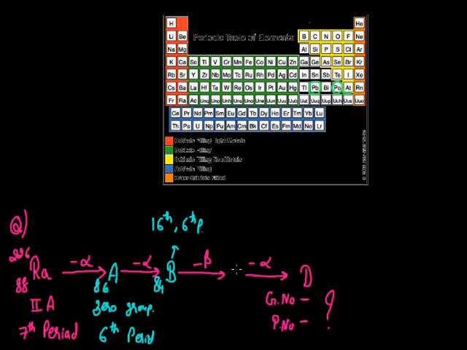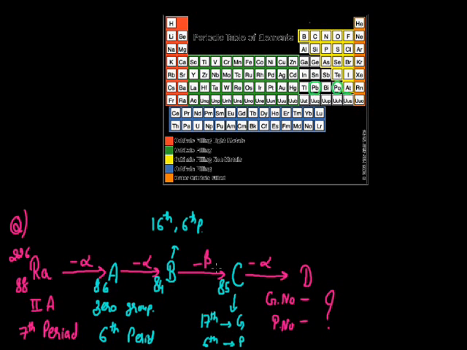Whenever this moves for the emission of one beta particle, consider that it is converted into a nucleus C. The atomic number of this nucleus will be 85 now, and since it is 1 point greater as compared to the atomic number of B, the position of this will be 1 position leftwards as compared to the parent nucleus B. It will be placed in 17th group, and the period of this element will be 6th period.